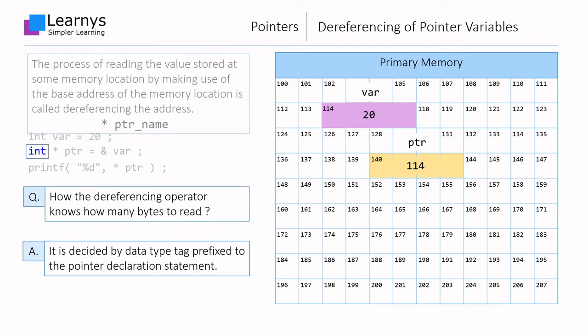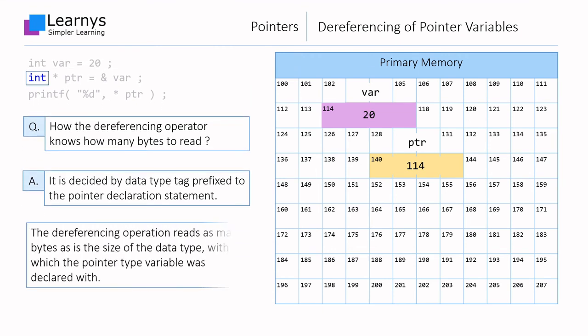Once the correct number of bytes have been read from the memory, they are cast into the required data type. Now you know that declaring the data type of a pointer variable is essential, because without it the compiler will never know how many bytes to read while dereferencing the pointer.